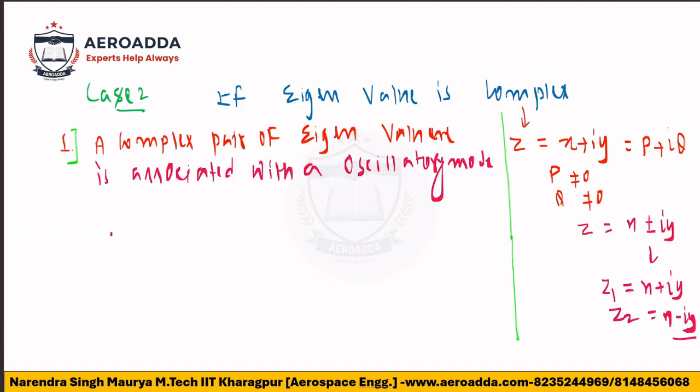Having a damping rate equal to this. Why I'm giving this statement is because if you see the root and remember this statement, then you can identify the damping rate.